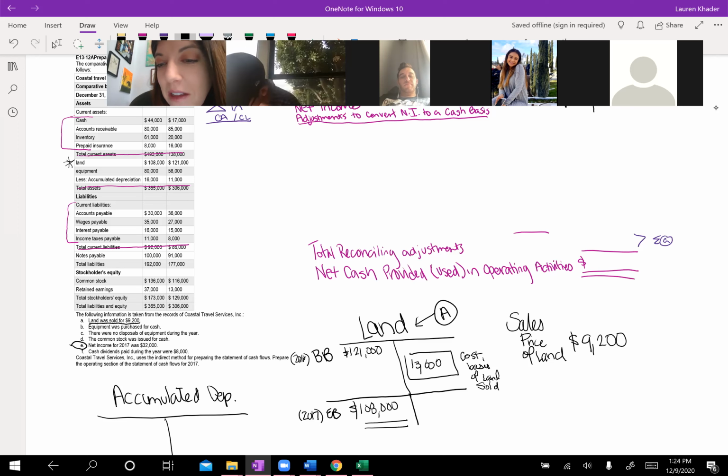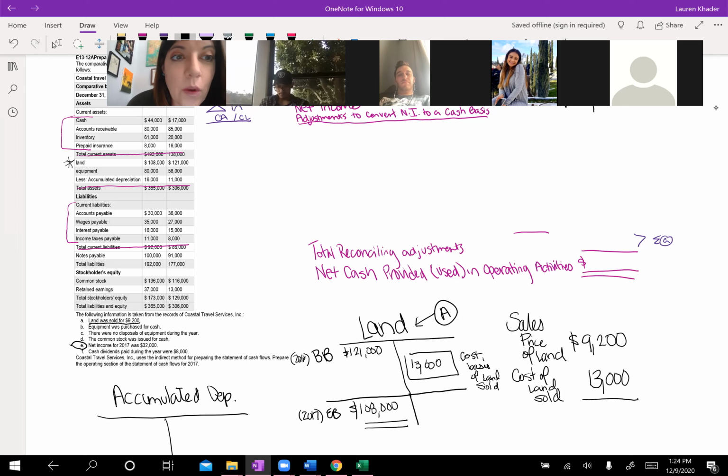We're comparing that selling price of the land to the cost basis of the land, $13,000, to determine if we have a gain or a loss on sale. So we sold the land for less than our cost basis, which is essentially our book value because you don't depreciate land.